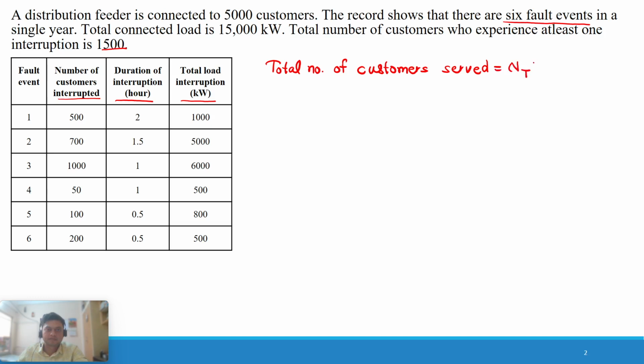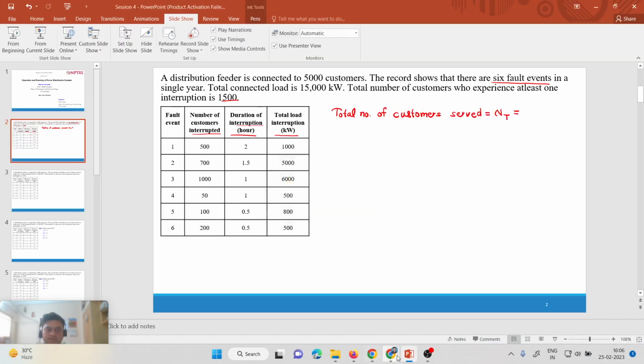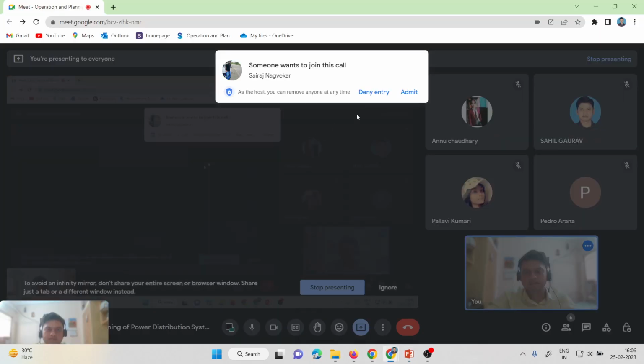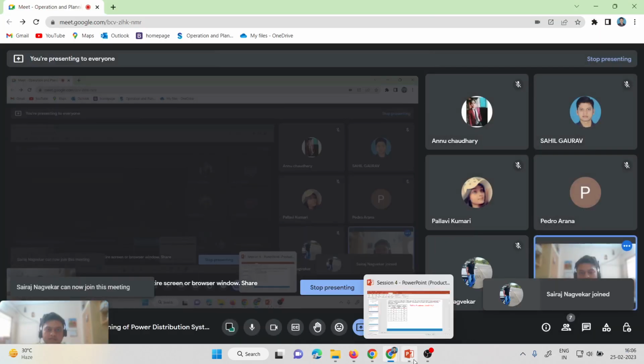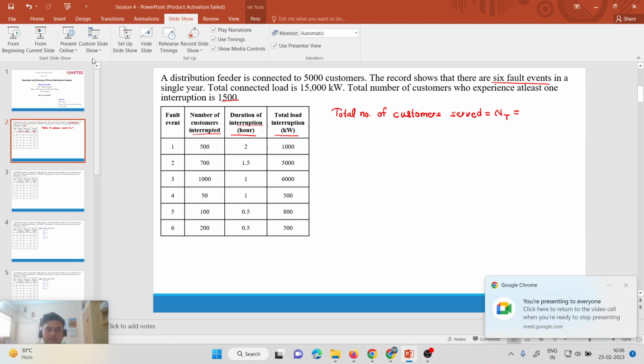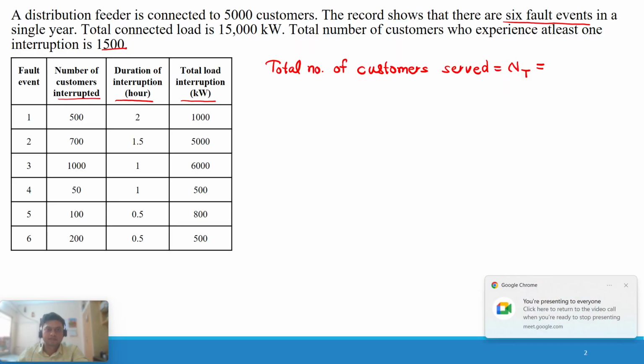So how many customers are served by this distribution feeder? In the first line it is given that it is connected to 5,000 customers. So the total number of customers served is 5,000.